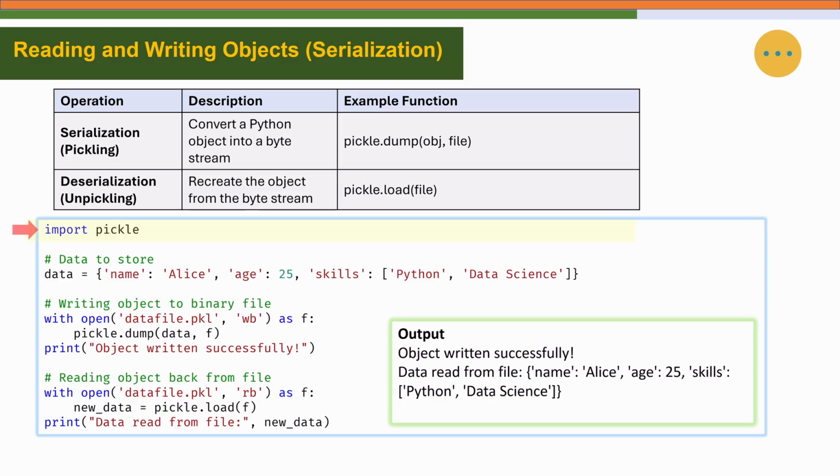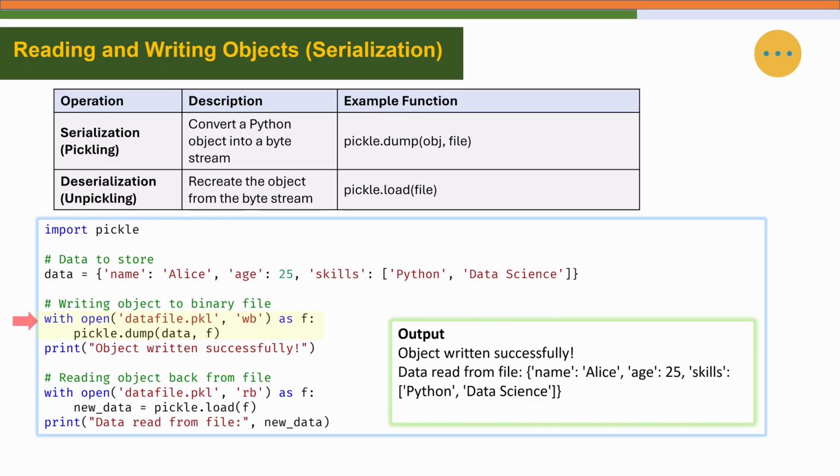Then we define a dictionary called data, which contains keys, values, or even a list, in other words, a complex data structure in Python. To save this object to a file, we open the file in binary write mode, wb, and call the function pickle.dump and pass data and the file. This function converts our Python object into a sequence of bytes, a serialized stream, and stores it inside the file.